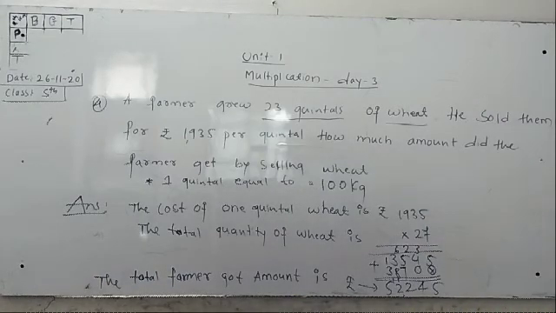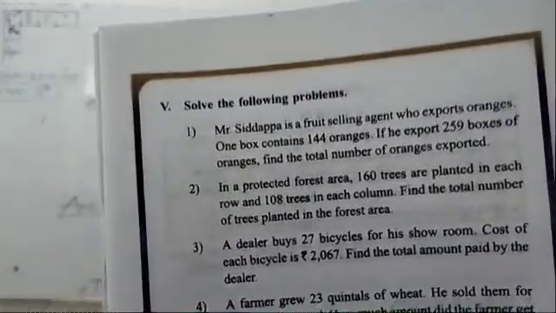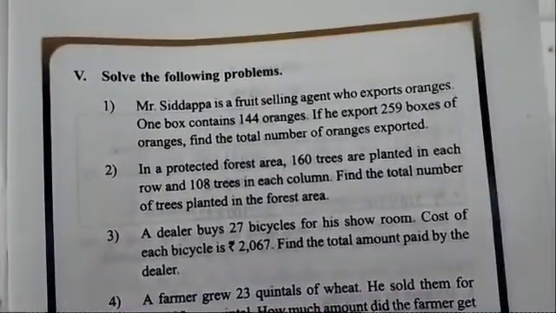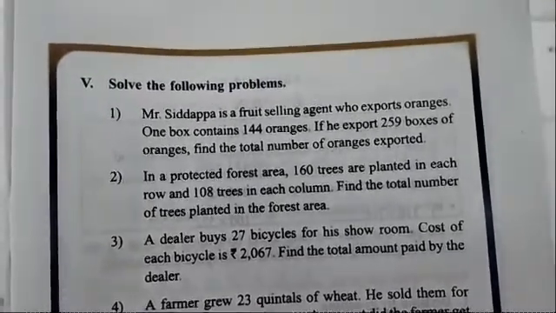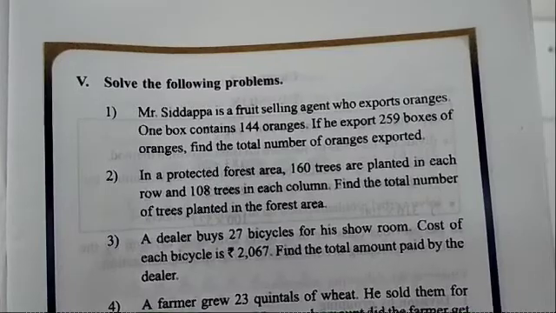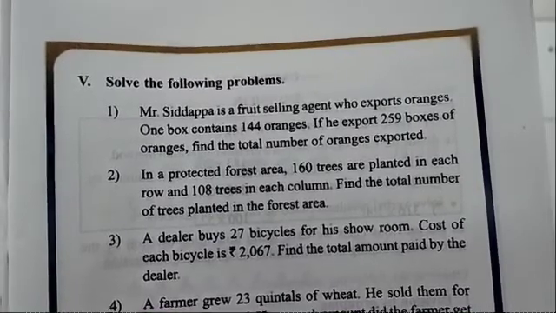Remaining two problems are there. You have to solve these problems. First one is: solve the following problems. The page number is below. Page number 7. First one is there. Mr. Siddhappa is a fruit selling agent who exports oranges, one box containing 144 oranges.